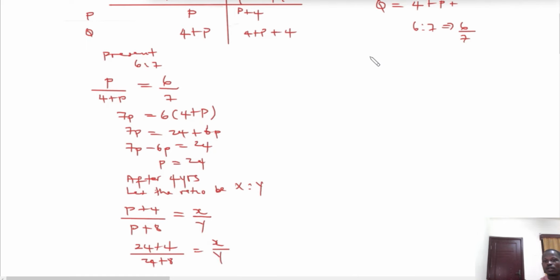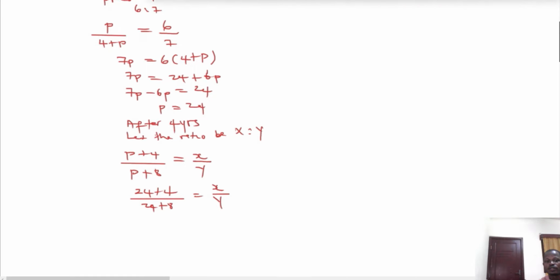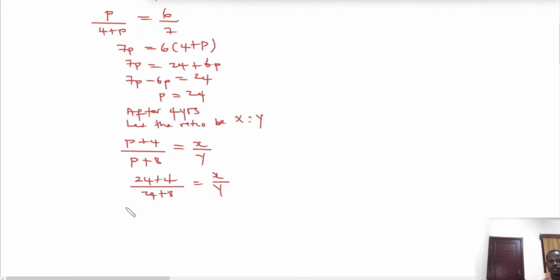So let's go again and solve this. 24 plus 4 gives you 28, and then 24 plus 8 gives you 32, is equal to x upon y. So let's divide, look for a number that can go into both 28 and 32, and that number is 4. 4 can go into 28 7 times. 4 into 32 is 8 times.